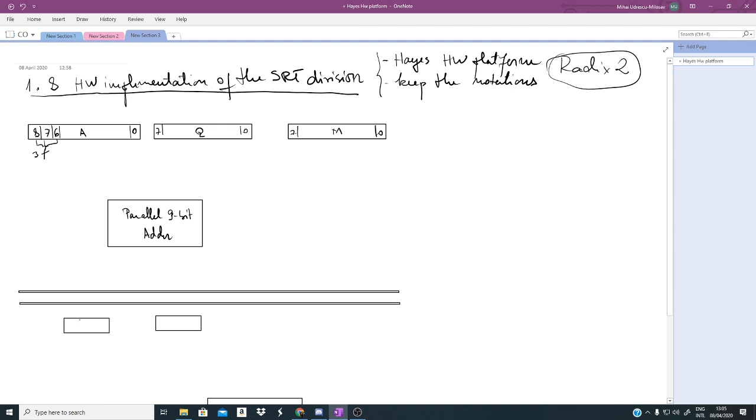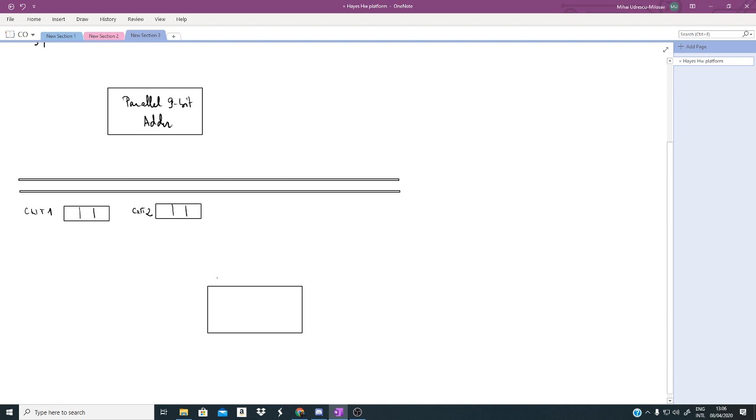This is counter 1. This is counter 2. This, as I said, is the control unit. It has these external signals: begin, clock, reset, and end.